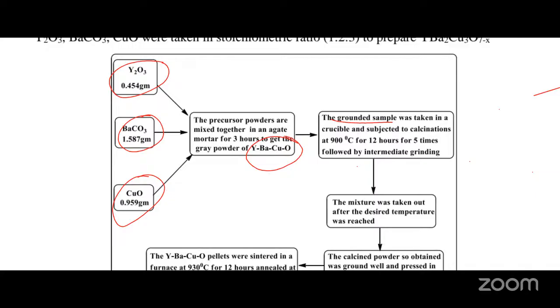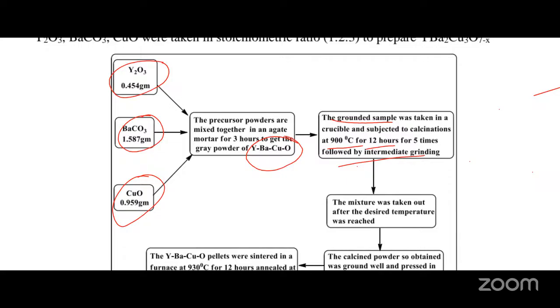For example, hydrogen is converted to water and vaporized, chlorates also vaporize, and carbon is converted to carbon dioxide. All this is vaporized at 900 degrees centigrade. This 12 hours we repeat 5 times, followed by proper grinding.